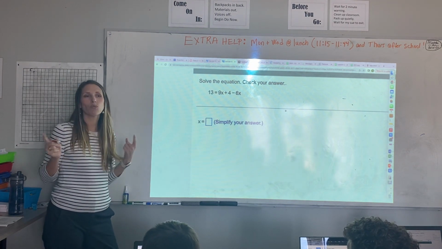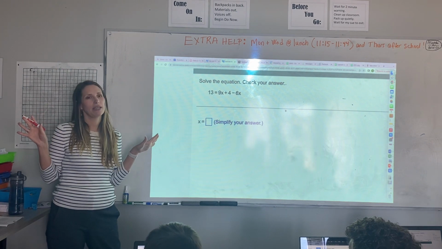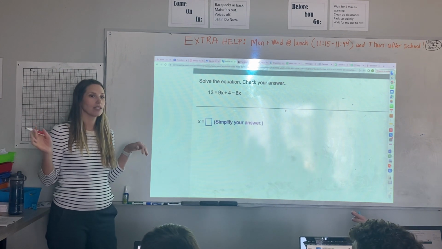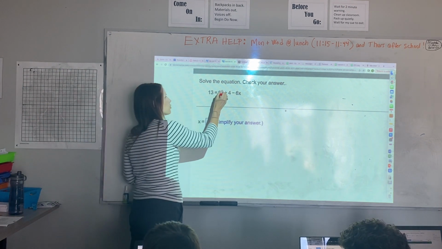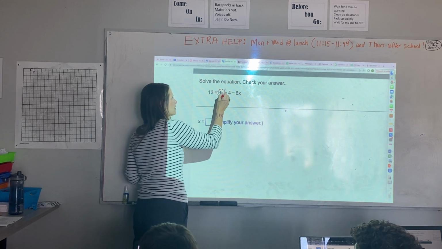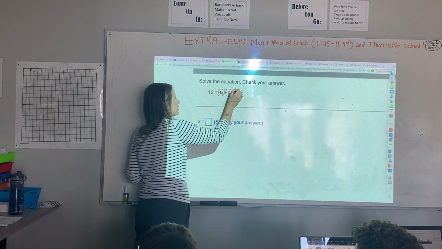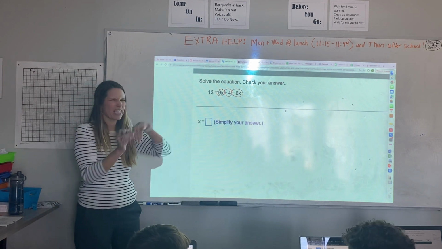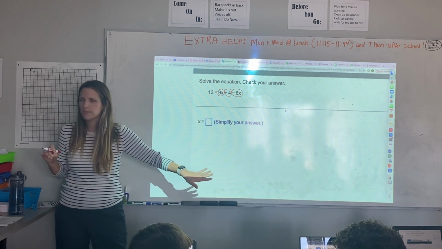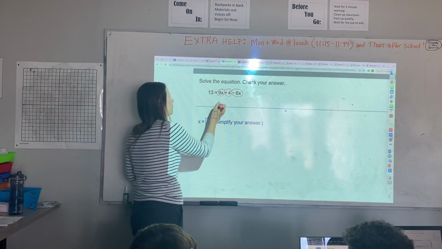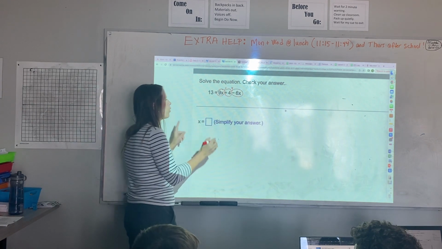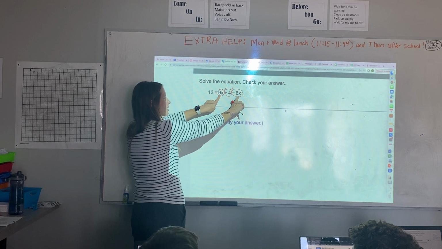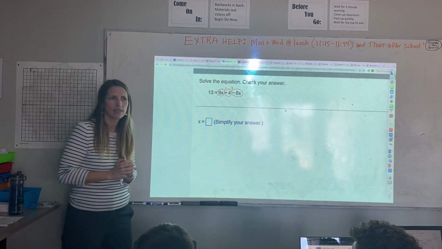So, what do I like to do before I combine them? Circle the terms with their signs. And that helps me know which negative belongs to what term. And then when I add them, I can see what are my like terms, my 9x and my negative 6x.